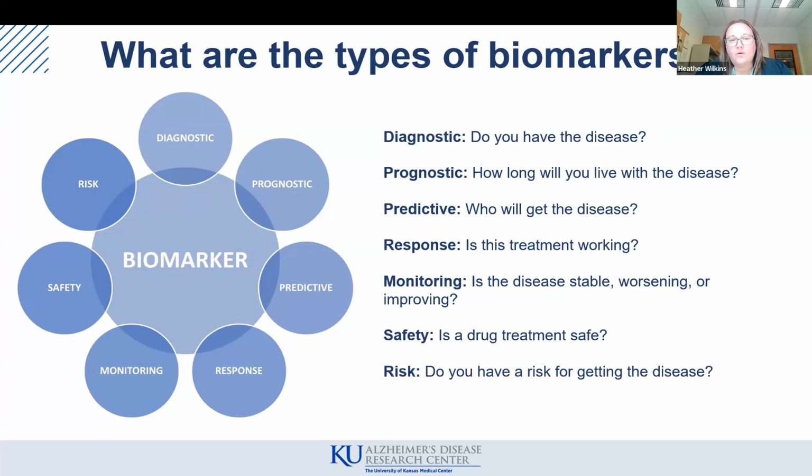So these are the categories right now that the FDA recognizes. They can all mean different things, although there is a lot of overlap, so a biomarker may work for more than one particular area.